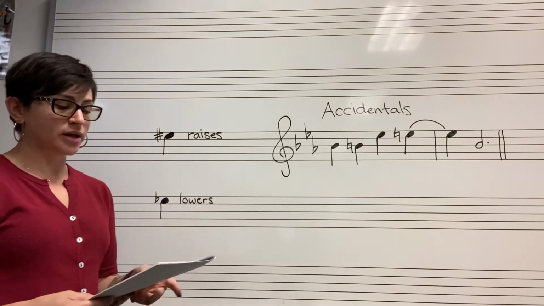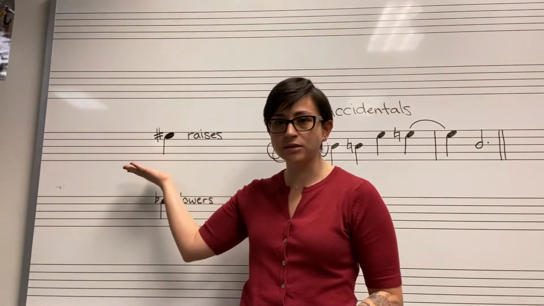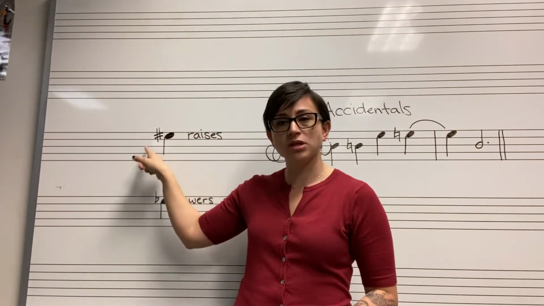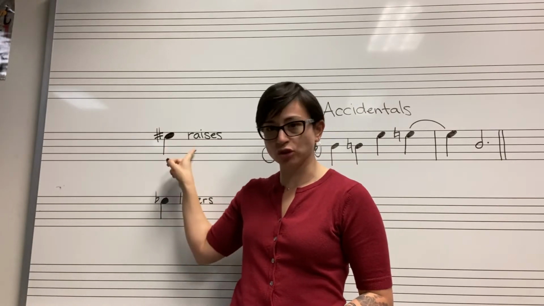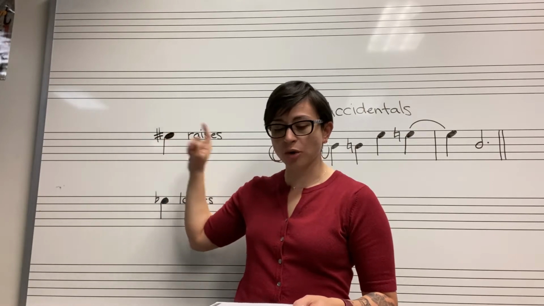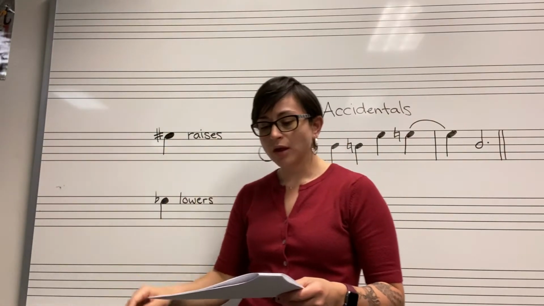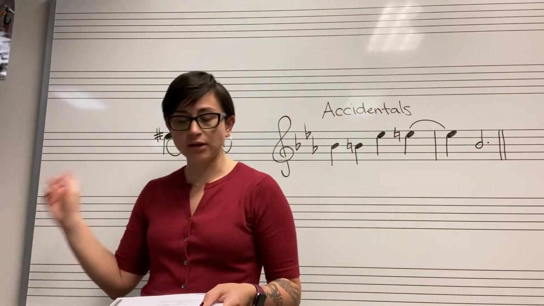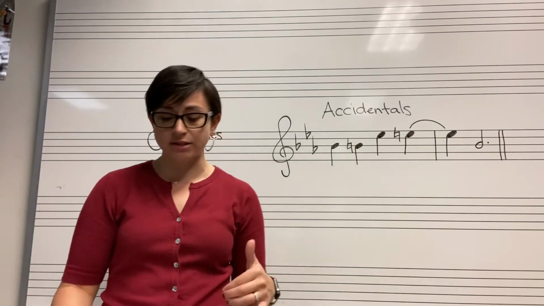There are two ways to write sharps and flats in music. One way is like this, right before the note, so to the left of the note. Very important: accidentals do not come after, they come before, okay? So that's one way, to write a sharp or flat to the left of the note head, as I showed here. These ones are called accidentals because those are not found in the key signature.